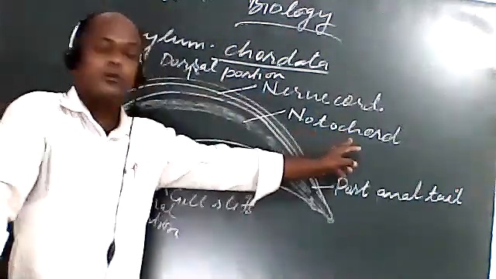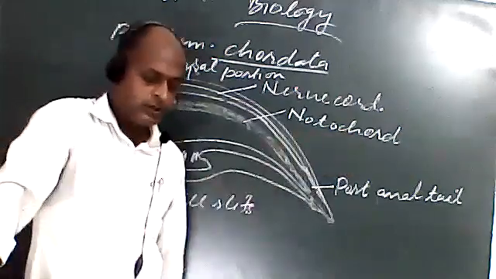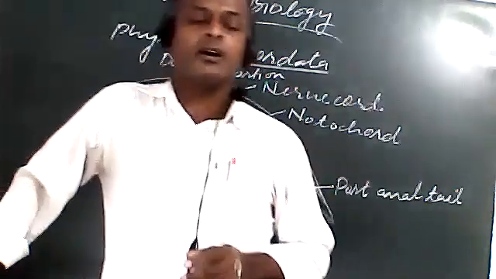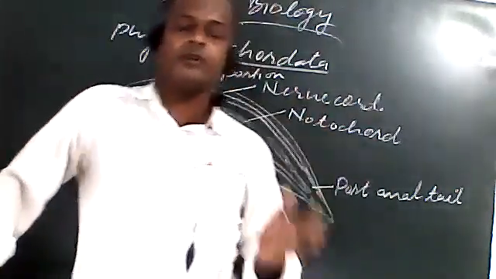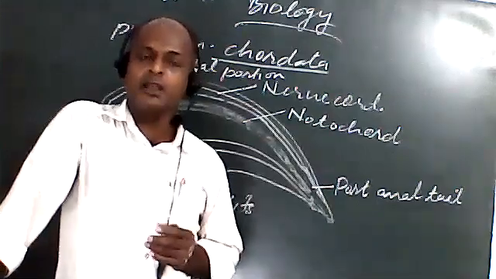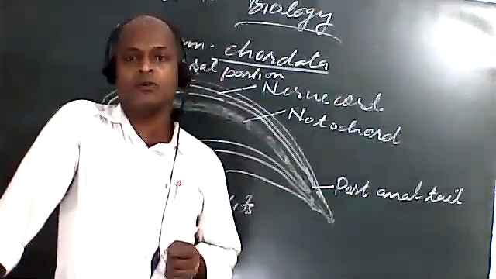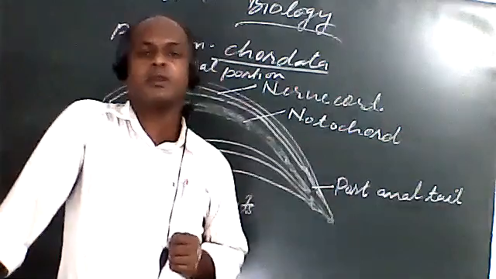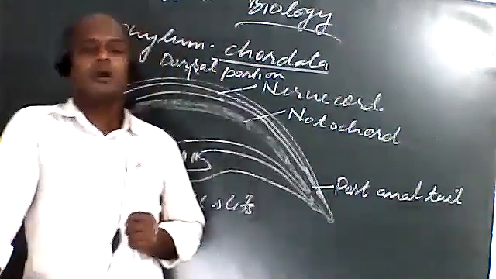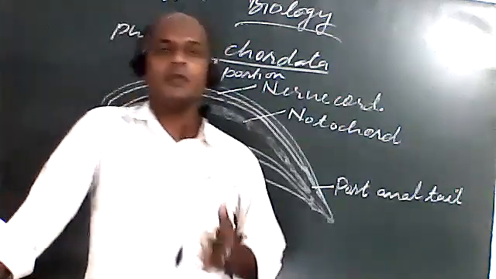In the case of notochord, we have seen that the notochord is absent in non-chordates, meaning phylum Porifera to Echinodermata and Hemichordata. Notochord was not present in any organisms belonging to phylum Porifera to phylum Hemichordata.